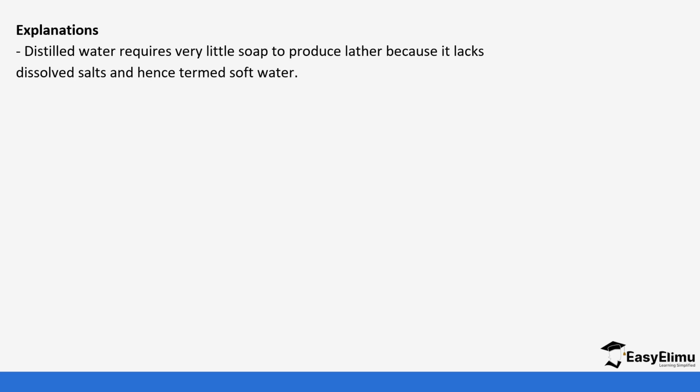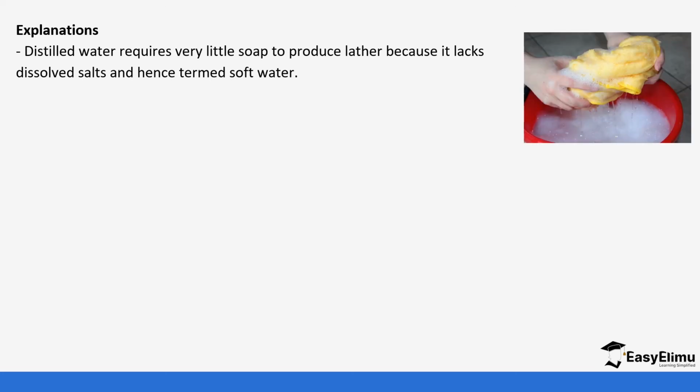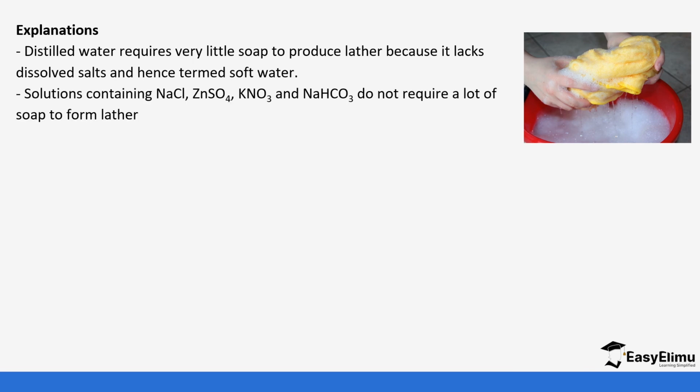You notice that distilled water requires very little soap to produce lather because it lacks dissolved salts, and is termed soft water. This is the water that we use in the lab that is distilled. We commonly use it because it doesn't have those dissolved salts, and it's referred to as soft water. You notice that it lathers very easily.